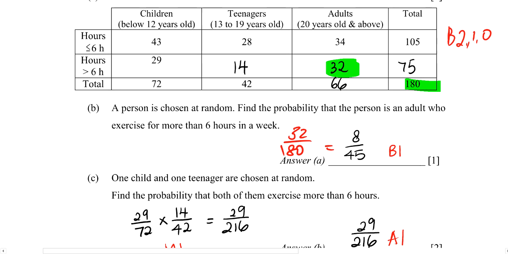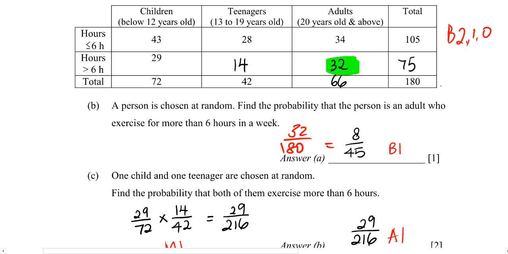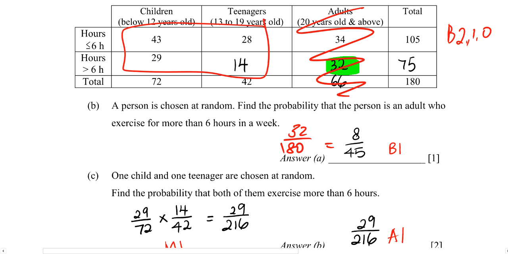And then for the last part, one child, one teenager selected at random. So we are not considering adults at all. One child, one teenager, so I can choose from these 4 sections. Find the probability that both of them exercise more than 6 hours. So the first person is a child, more than 6 hours, right?